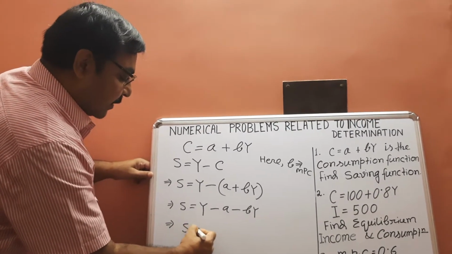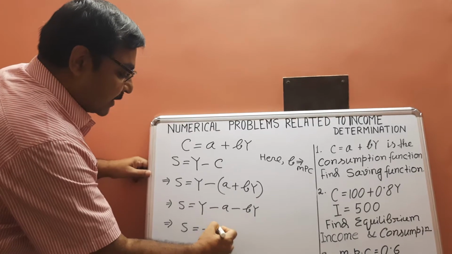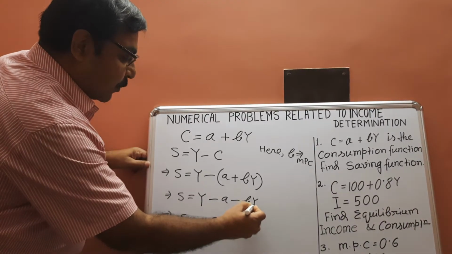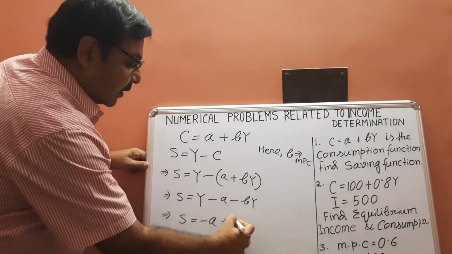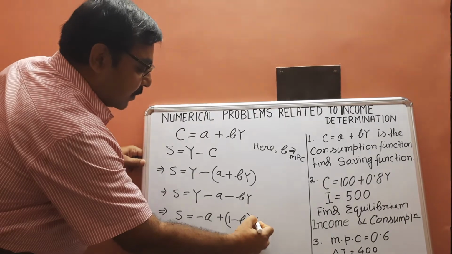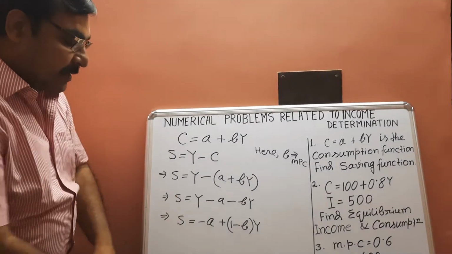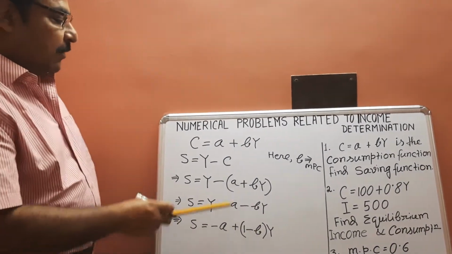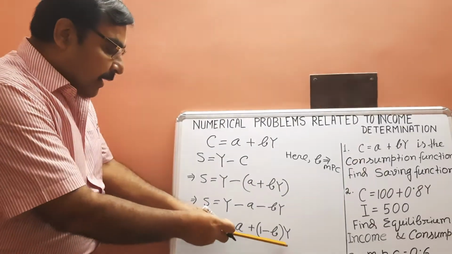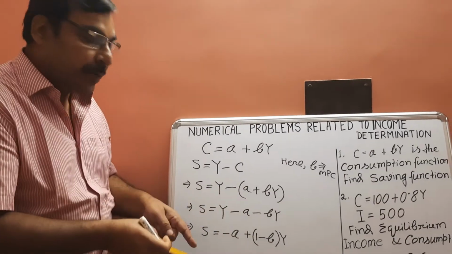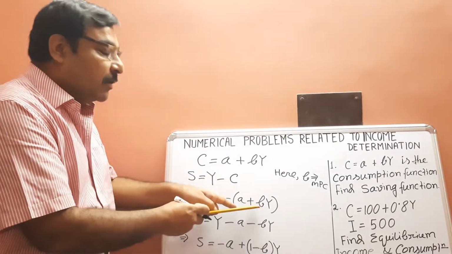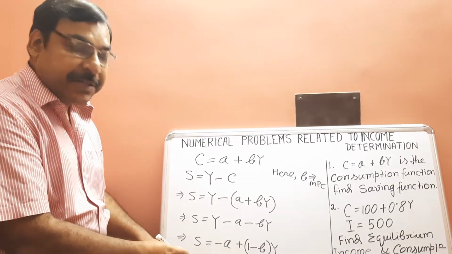So S is equal to minus A plus, take Y as common, so it will be (1 minus B)Y. This is the saving function. You are given the consumption function, C is equal to A plus BY, and you are getting the saving function from it. How do you get it? Saving is equal to income minus consumption. Put the value of consumption here, you get this function.